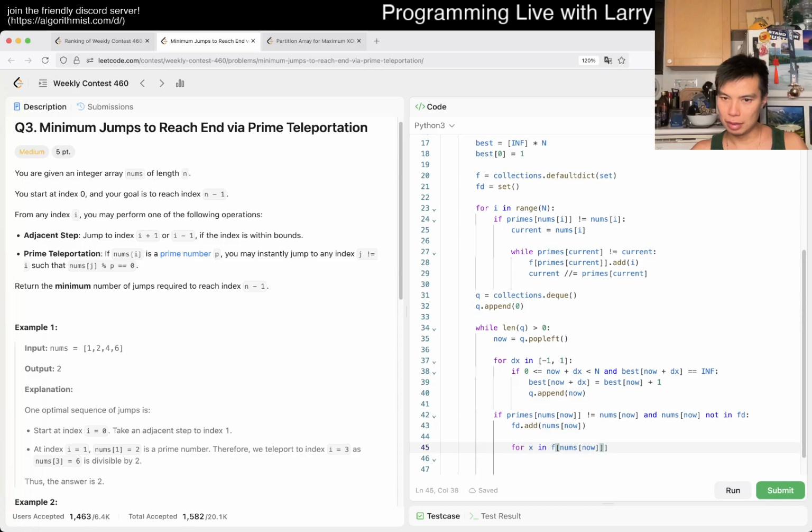No, this is wrong. Oops, that's y. So if it is a prime, and we haven't visited yet. fd is like f done, and f is the F train, is how I think about it. Okay, so for every stop, we just go. Yeah, that's the index. Yep, okay.